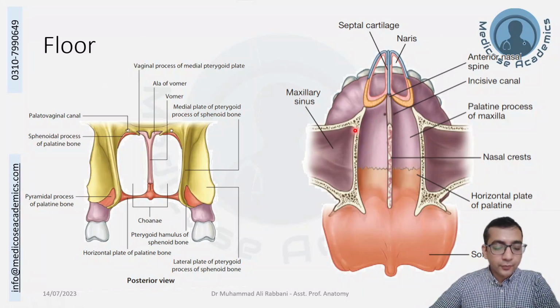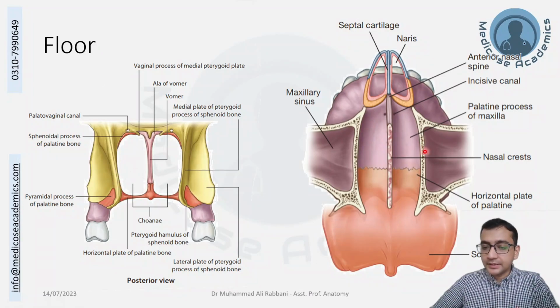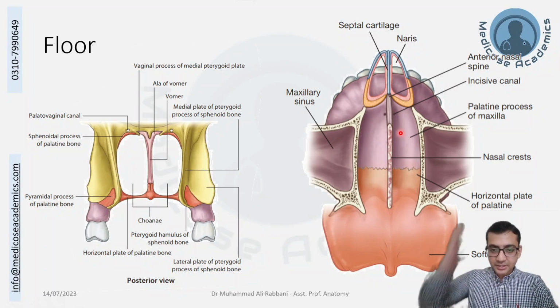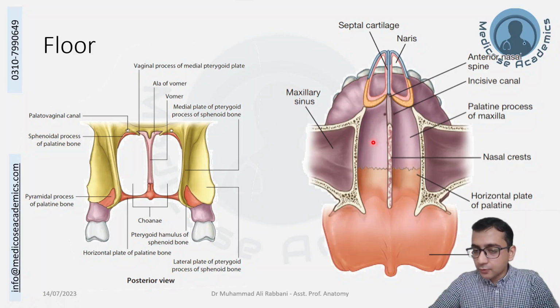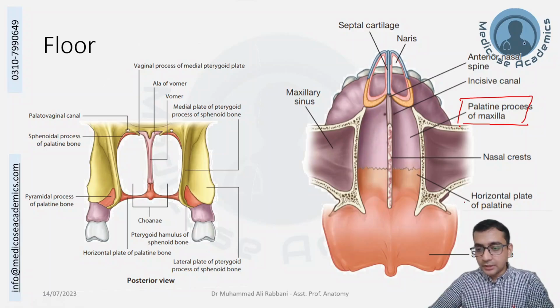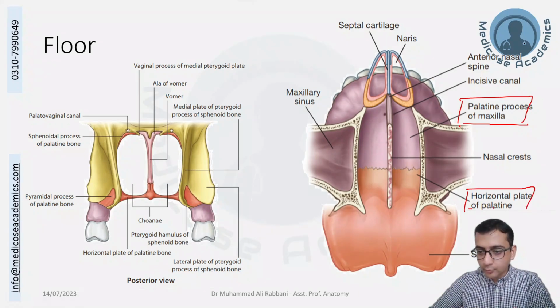This brings us to the floor. This is a picture in the coronal section looking from the back, and this horizontal section is cut and we are looking from the top. Anteriorly, most of the floor is made of the palatine process of the maxillary bone, and on the back it is made up of the horizontal plate of the palatine bone.